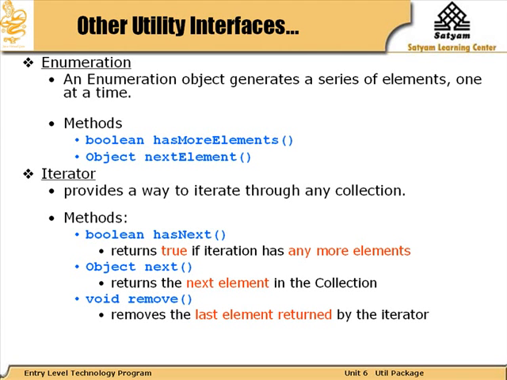In addition to enumerations, iterators have a method remove. It removes the last element returned by the iterator.